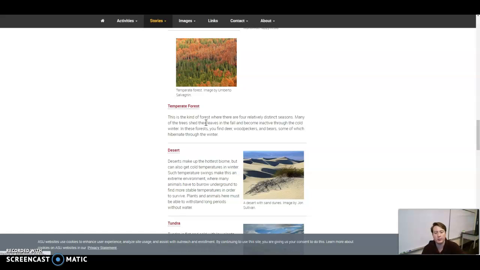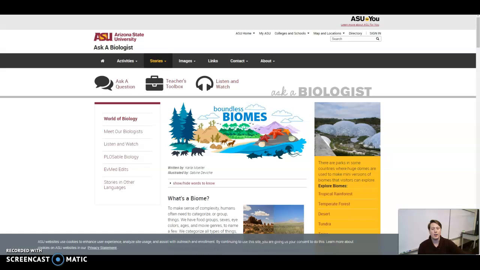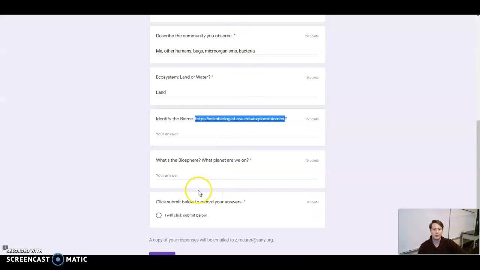Many of the trees shed their leaves in the fall and become inactive through the cold winter. In these forests you find deer, woodpeckers, and bears, some of which hibernate through the winter. So I think the school and the biome we live in would be a temperate forest. But you can make your own decision based on this list.